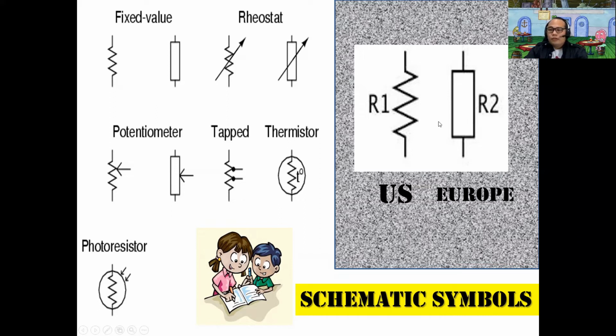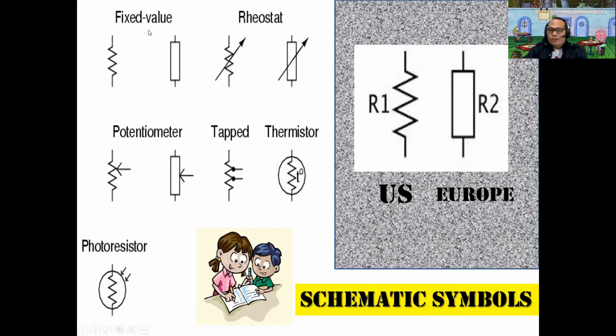They just differ usually depending on who the authors of the book or reference you are looking at are, because US authors usually use this symbol, and European authors usually use this symbol. Sometimes when you look at other materials, they are interchanged, but typically they're the same. They're all talking about resistors.